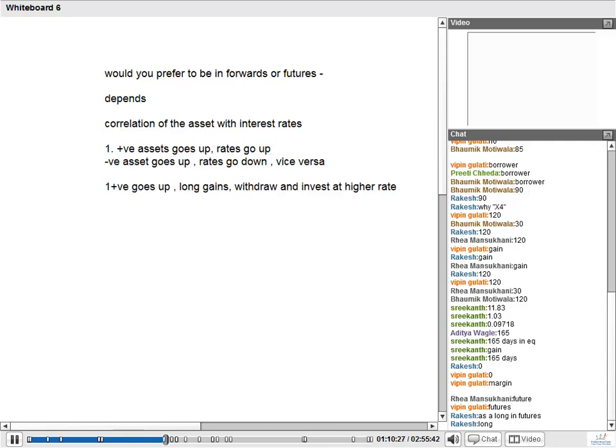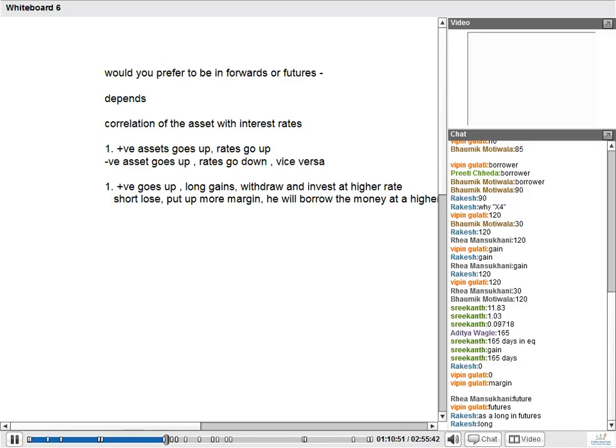And what about the short party? Short will lose, he will have to put up more margin and he will borrow the money at a higher rate. So the short is at a slight disadvantage.